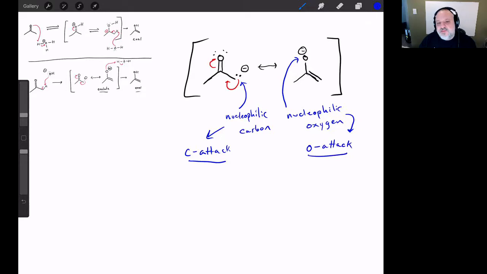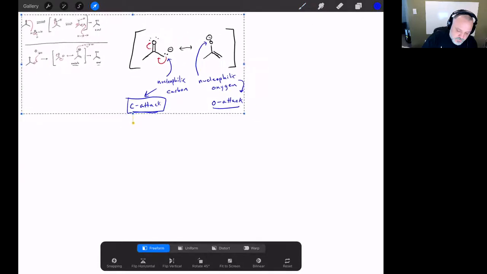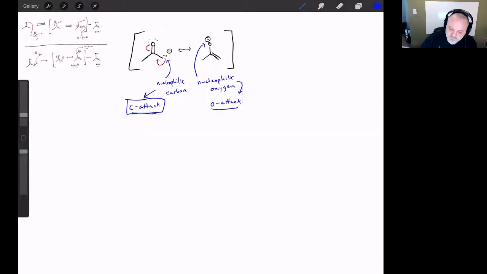Now, in this particular section, we're going to really be talking about carbon attack. And so that gives us two different ways to think about how we're going to show carbon attack from a mechanistic standpoint.